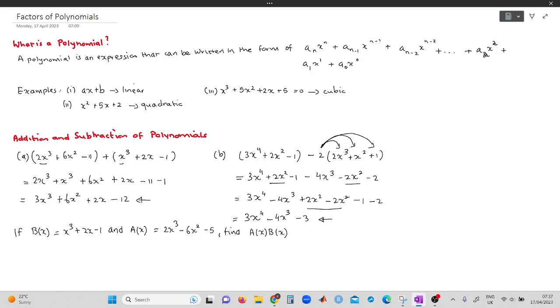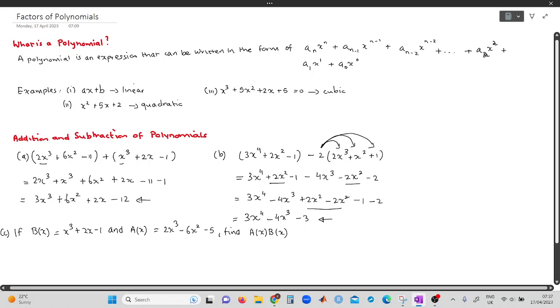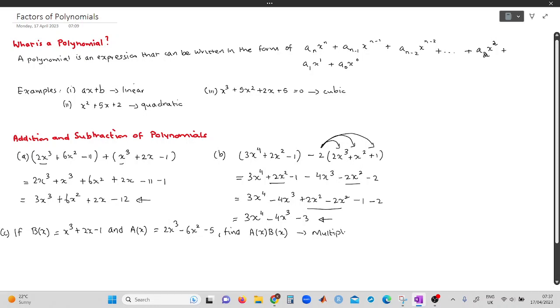In other words, we are telling you to find the product of these two polynomials. So, how will we proceed? This was part C. So this part is multiplication of polynomials.